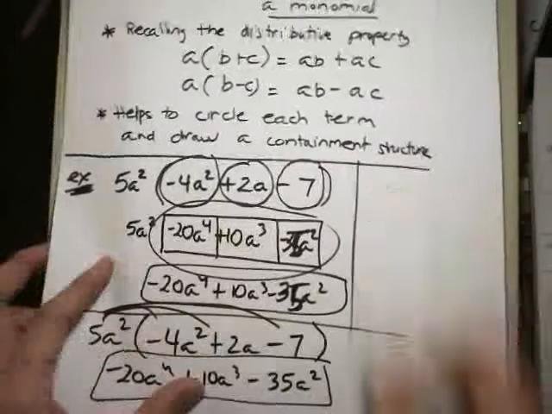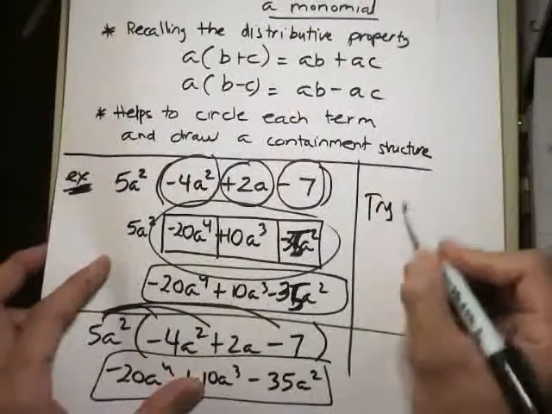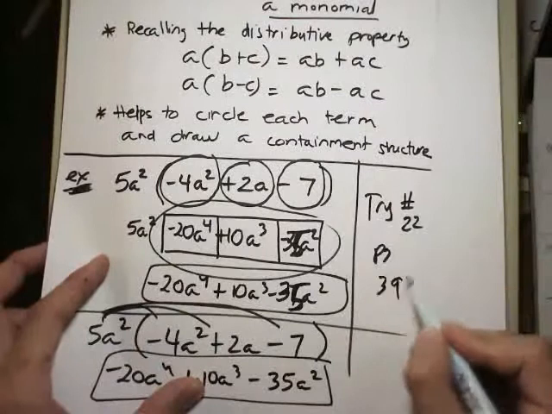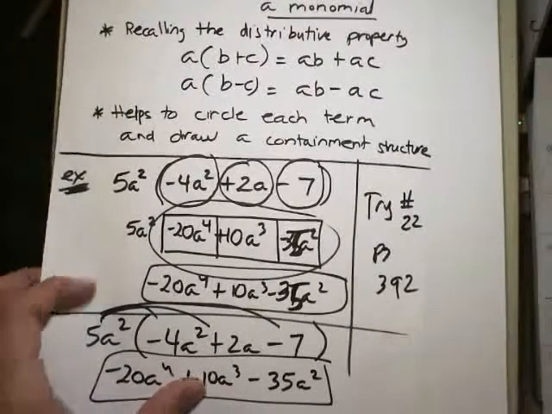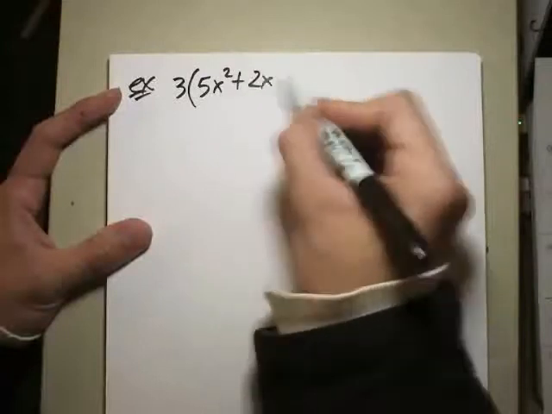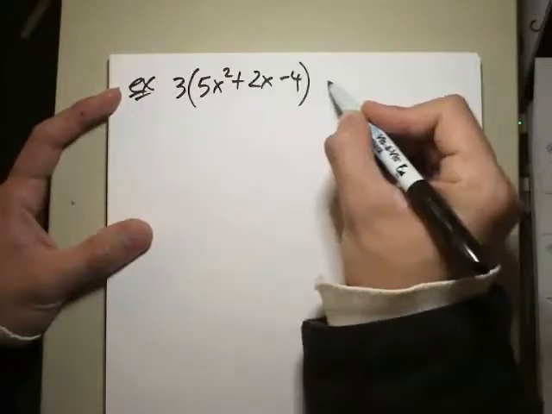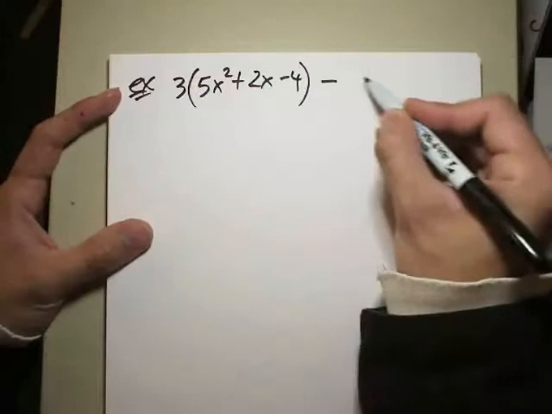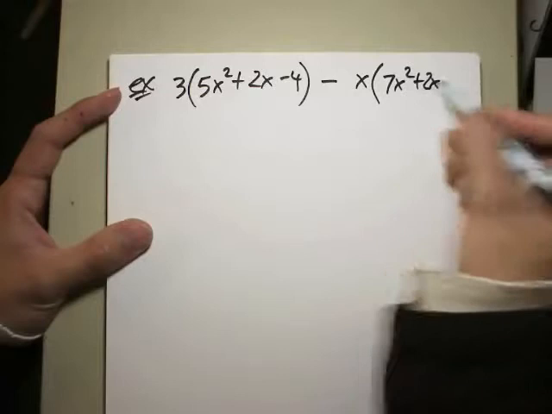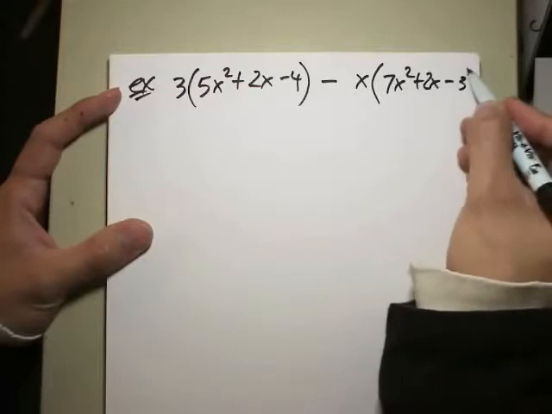Let's take a look at another one. Before you work on the next one, I really want you to try number 22 on page 392. Make sure you work that problem out. It's 5x squared plus 2x minus 4, and the other side is to subtract x times 7x squared plus 2x minus 3.